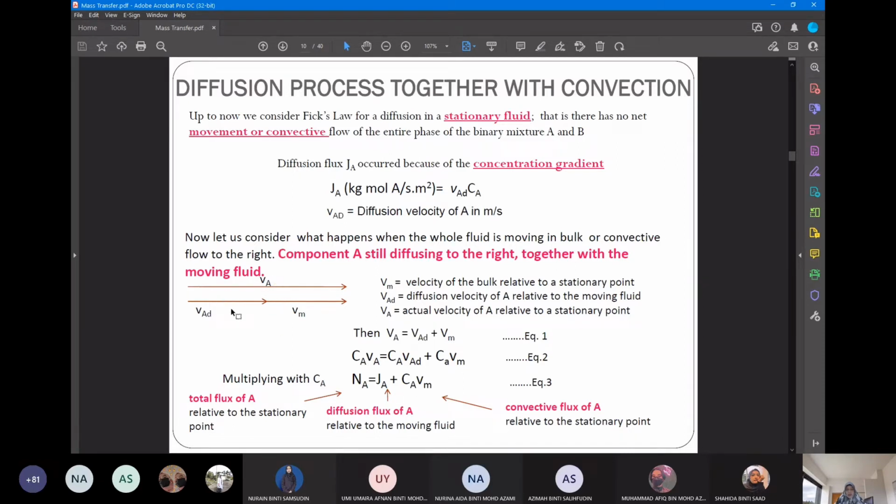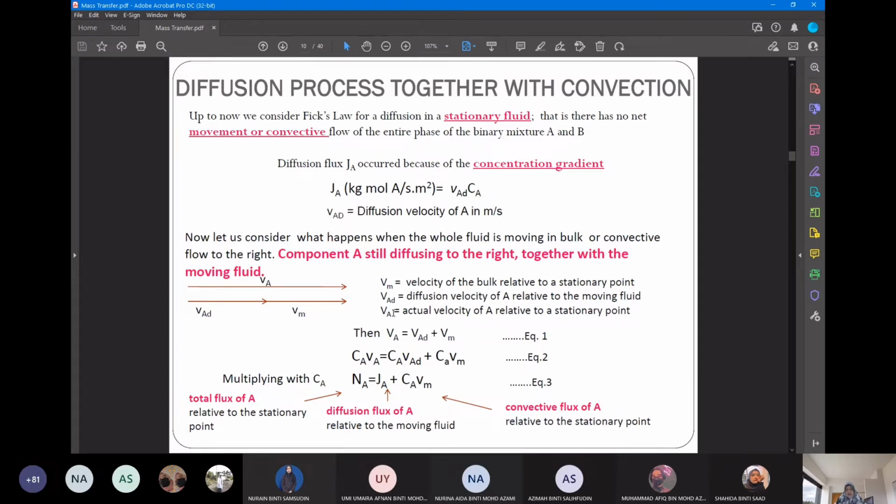When you look at these arrows, one is VA, one is VM. What is VA? Look for the definition of VA.